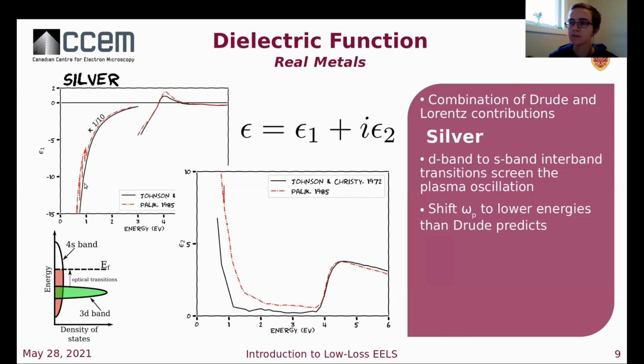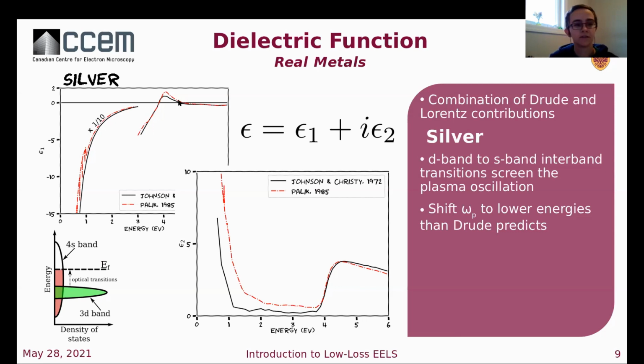So at low energies, a Drude model describes well the negative real dielectric function, but as we increase to higher energies, there is an interband transition in silver, as electrons are now able to jump from the 3d band up to the 4s band.